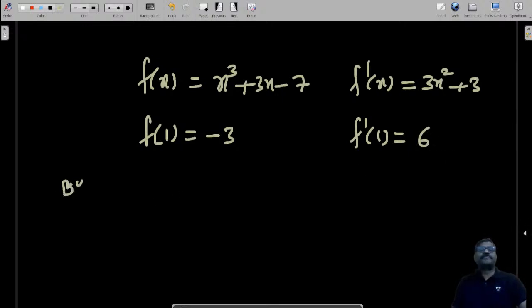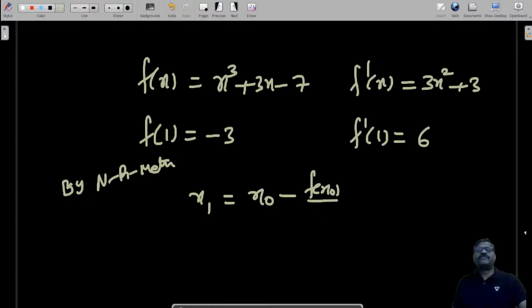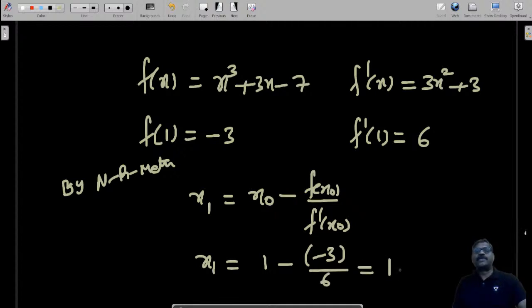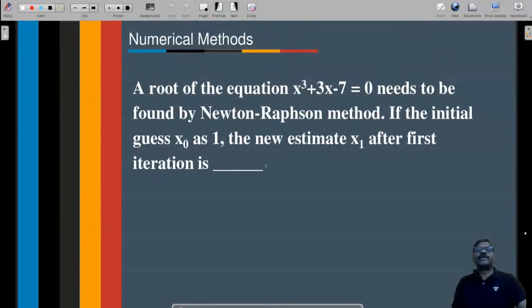By the Newton-Raphson method, x1 equal to x naught minus f of x naught by f dash x naught. x1 equal to 1 minus f of 1, which is minus 3, by 6. 1 plus 3 by 6 is 1.5. x1 is 1.5.